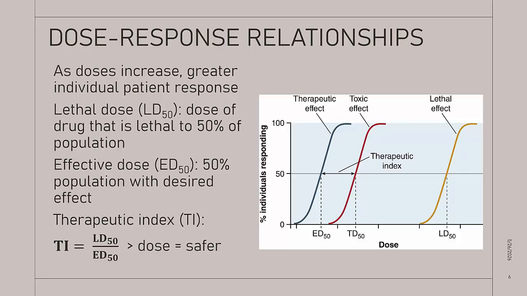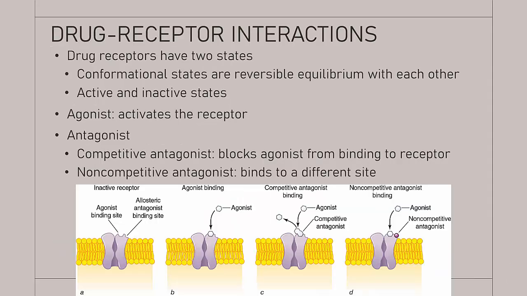Drug receptor interactions. Many receptors for drugs can be modeled as having two conformational states or shapes that are in reversible equilibrium with one another. These are called the active state and the inactive state. The pharmacological properties of the drug are often based on their effects on the state of the receptors.